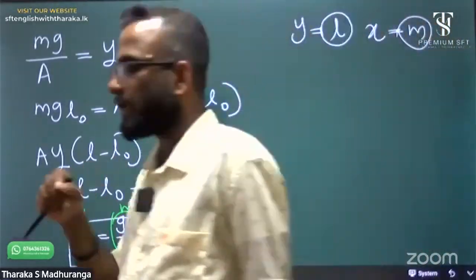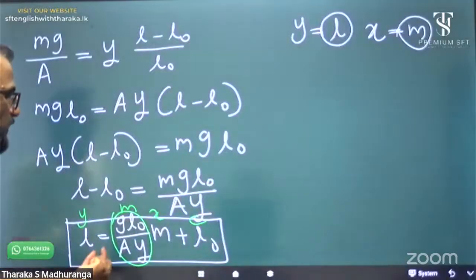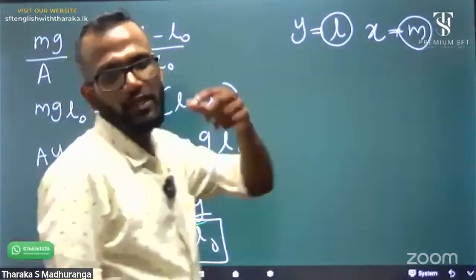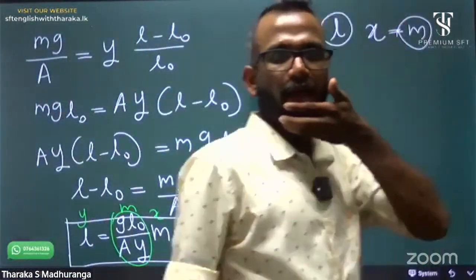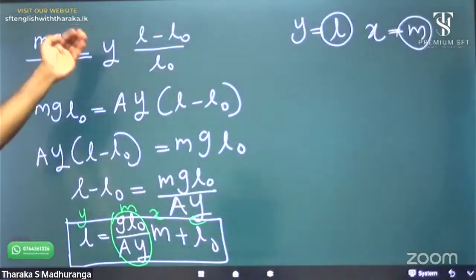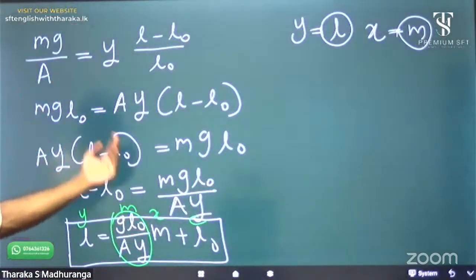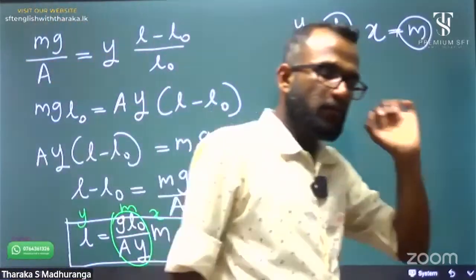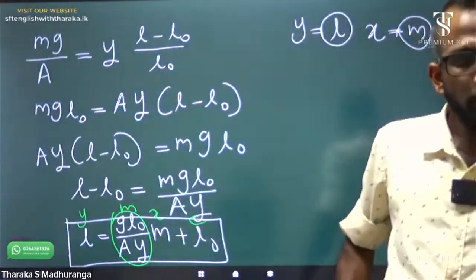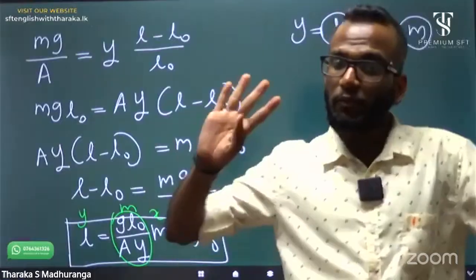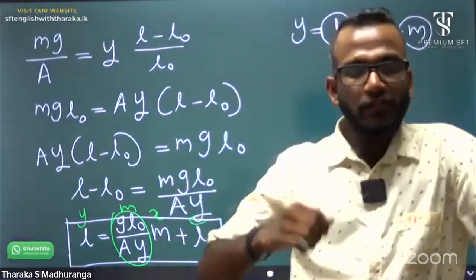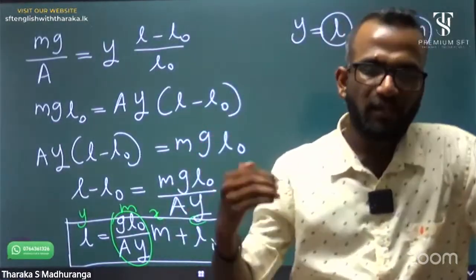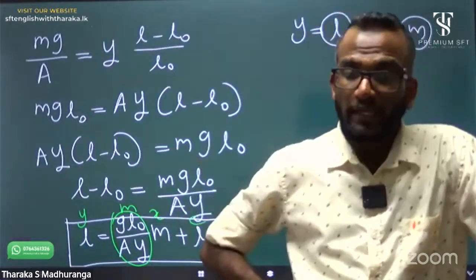Understood? Okay, now it is a y equal mx plus c type equation. Go through the steps and diagram again after class. These are very complicated questions. Normally in the exam, the fourth structured question is a little bit complicated, a little bit advanced question based on practicals.